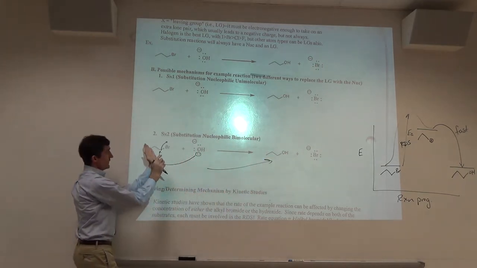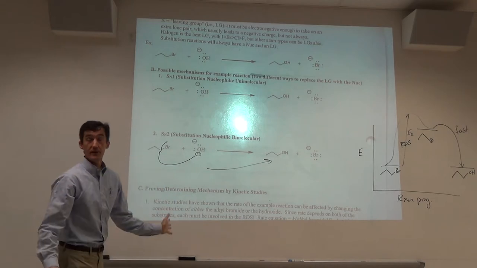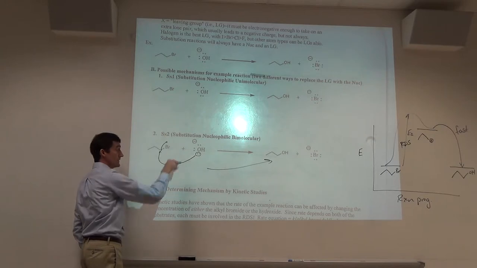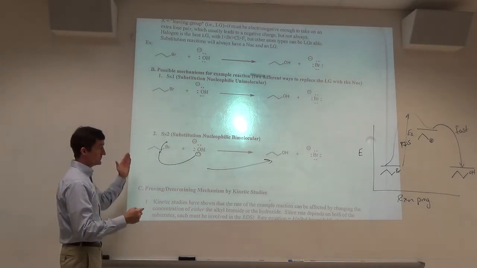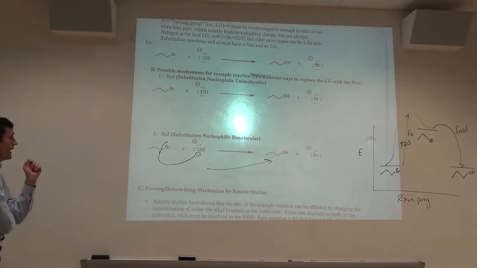Make that, and what is that arrow doing? Making Br minus, right there. Is that another way we could show the products? Yes, that's another way. So that's concerted? Yes, it's concerted. Good. It's coming in, pushing it off. Okay.